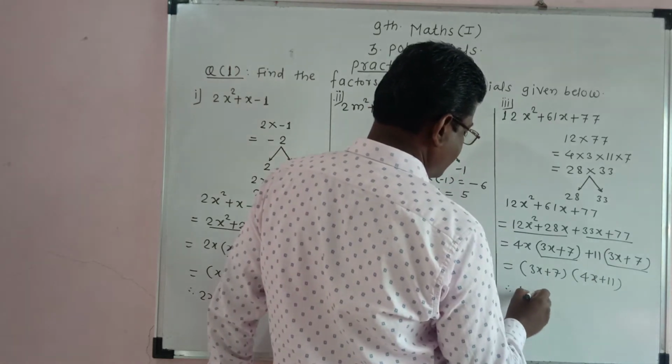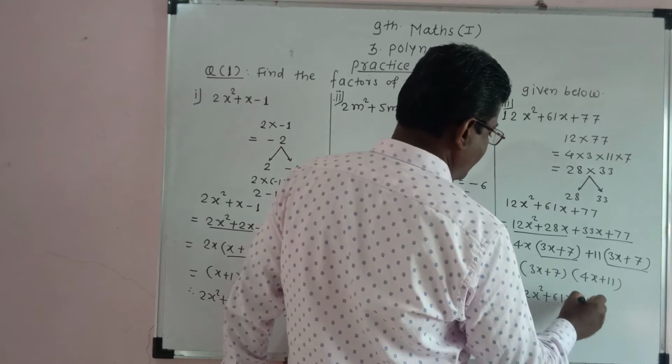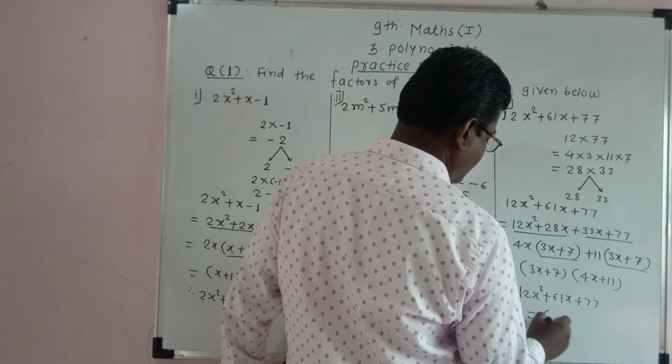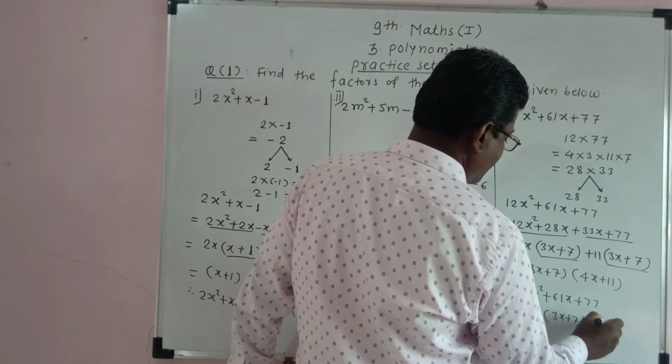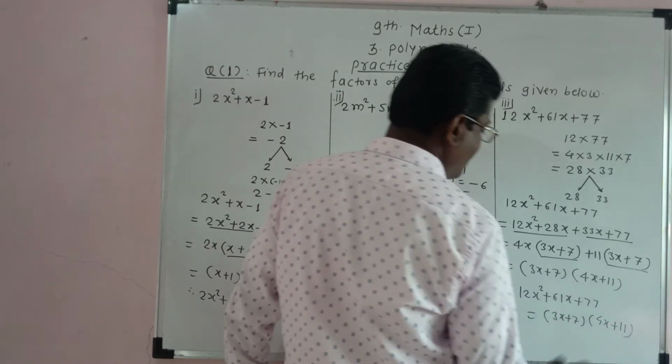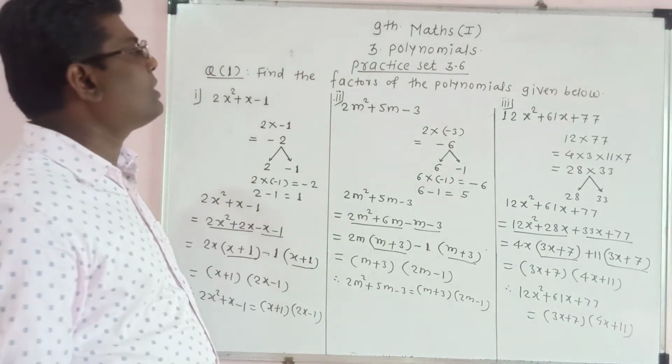Therefore 12x² + 61x + 77 is equal to (3x + 7)(4x + 11), which are the factors of the given polynomial.